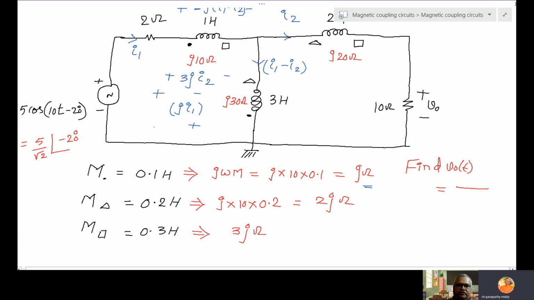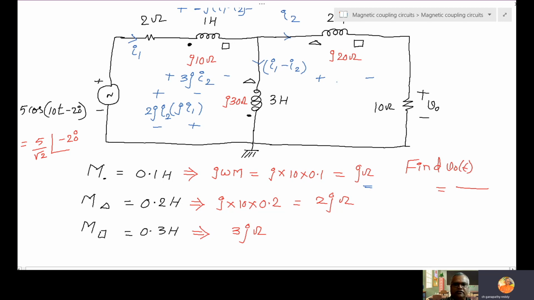Both are entering at a triangle, so it will be 2j into I2. Similarly, I1 entering at a square, sensing at a square is plus.